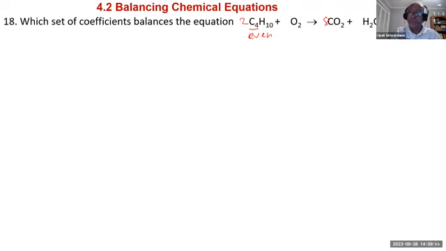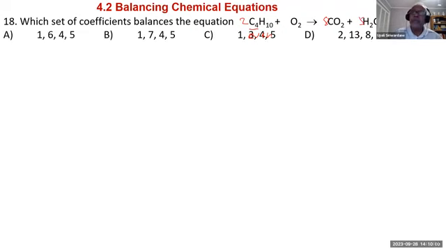Then the hydrogen should be 5 times 2 is 10, times 2 is 20. This is the correct one, this will be 30. You start with and pick up the right one. It cannot be 1. It starts with 2 if it is even.